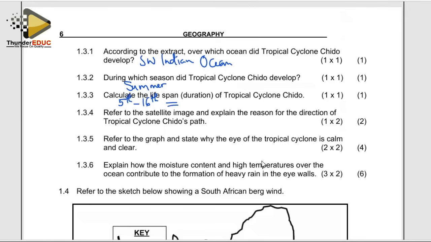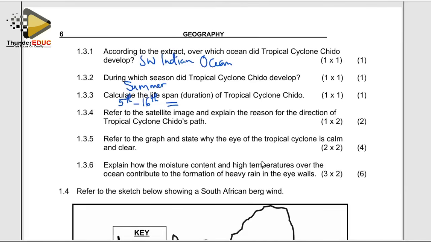So if we say 16 minus 5, it gives us 11 days. But 11 days is exclusive of either the first day or the last day. Remember, if you are subtracting, we are excluding either the first or the last. If you are subtracting directly, 16 minus 5 is going to give us 11.